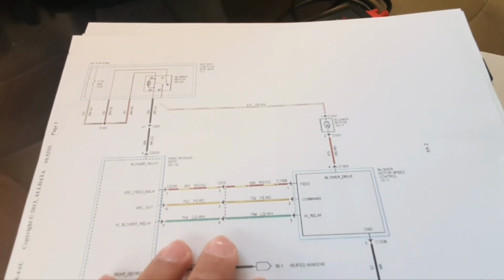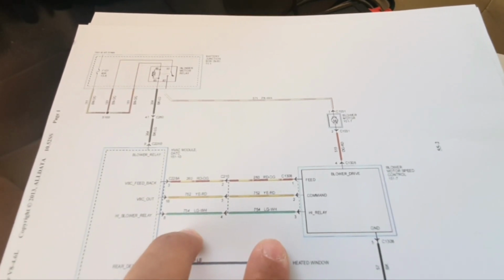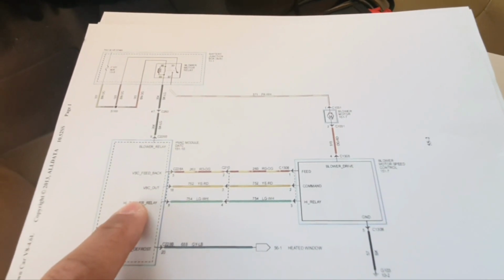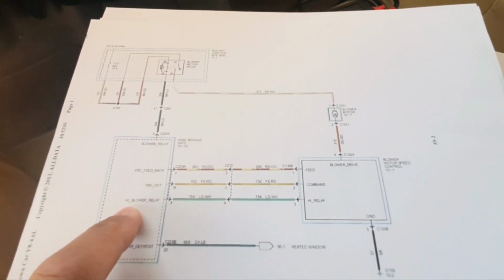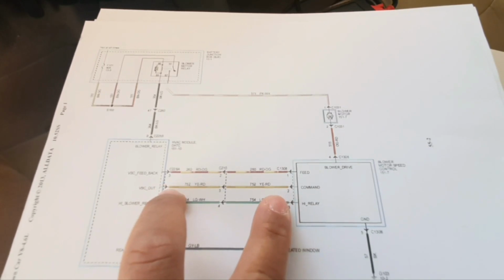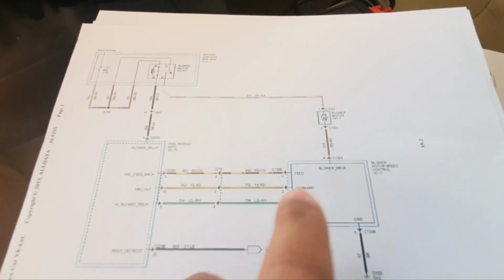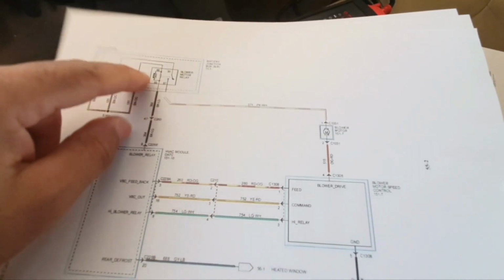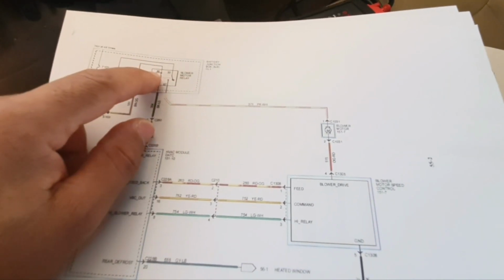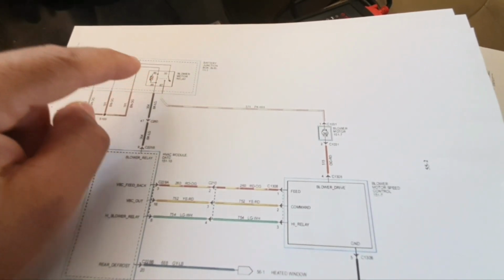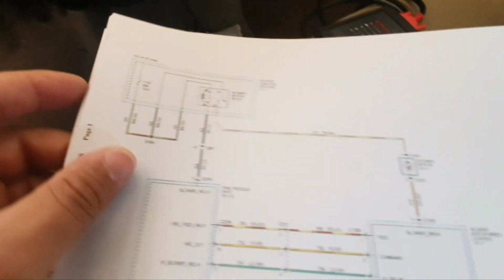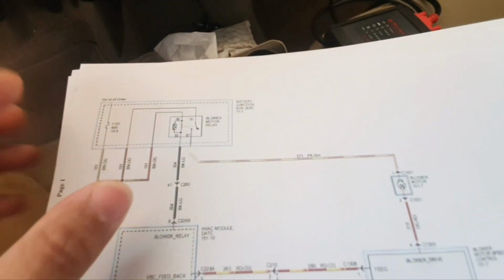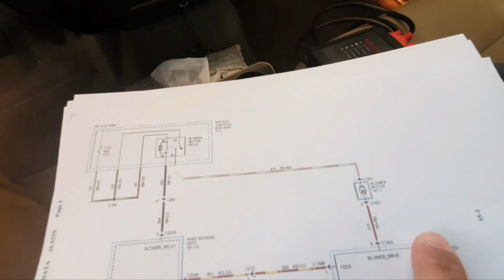So we have here two options. Either the speed controller is faulty or the climate control itself is faulty. And to check whether this one or this one is faulty, what will I do? I will go and remove this relay, and I will put a piece of wire at terminals 87 and 30, and we will see if the fan starts blowing straight away.